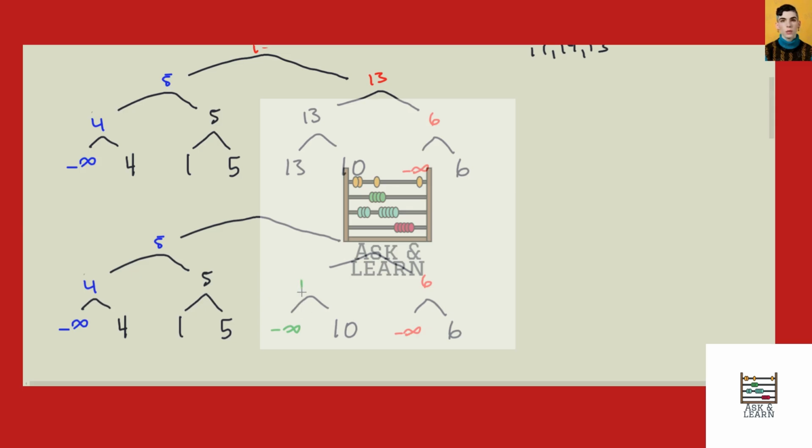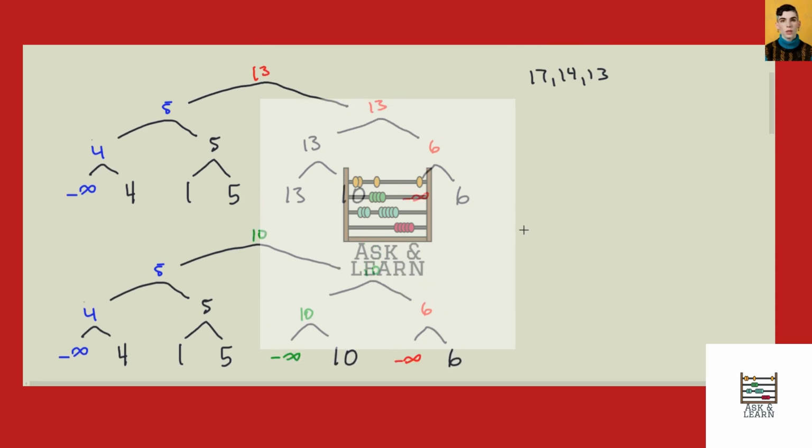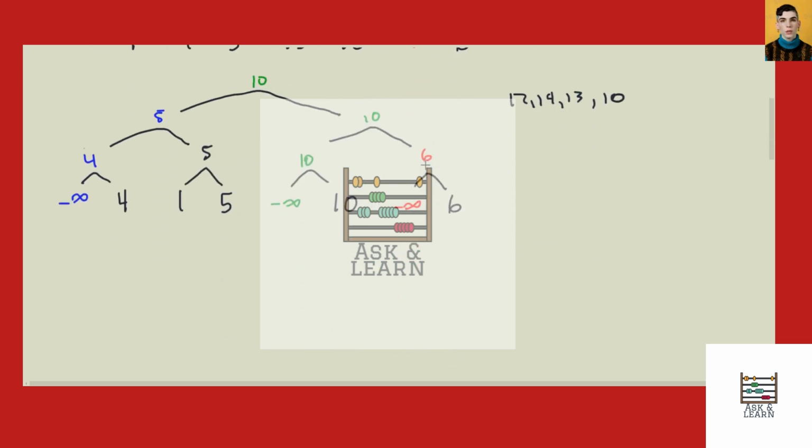So negative infinity versus 10, 10 wins, 10 versus 6, 10 wins, 5 versus 10, 10 wins. So far we have 17, 14, 13, and then 10. Now we copy this one more time and replace 10 with negative infinity.